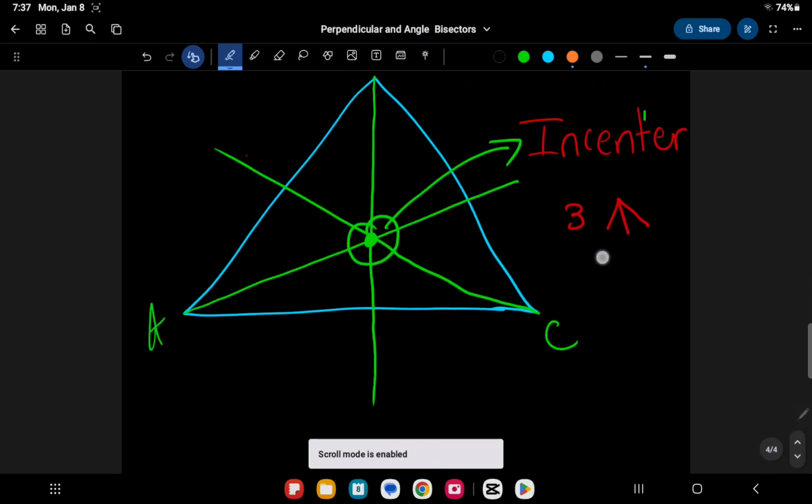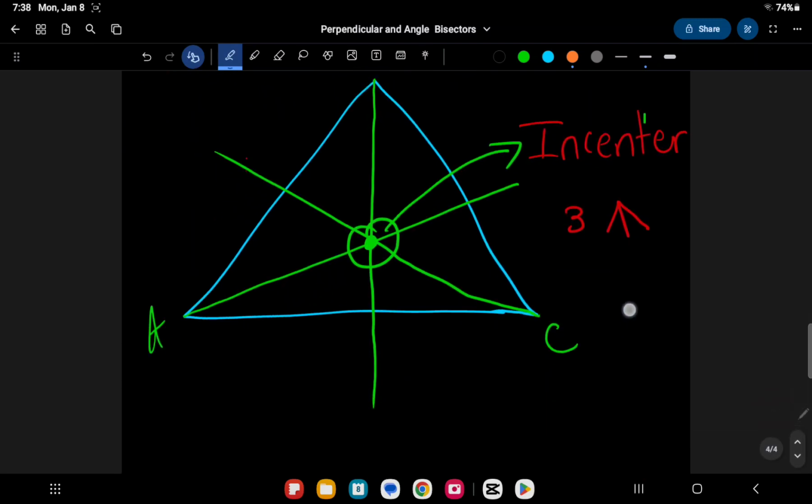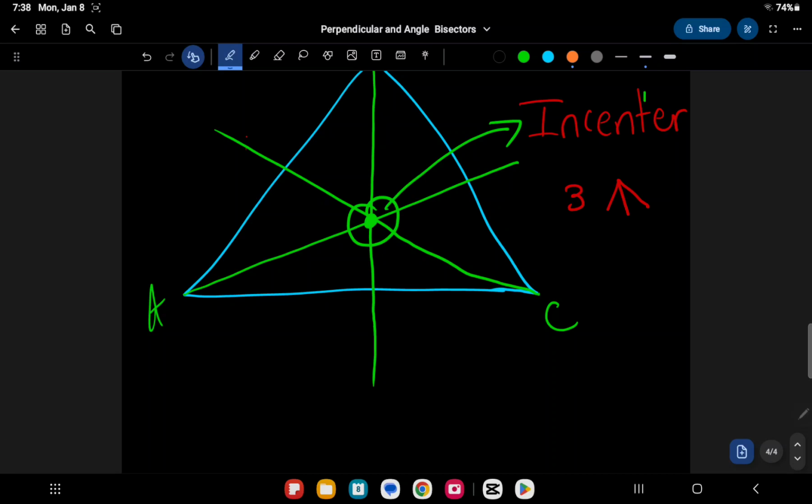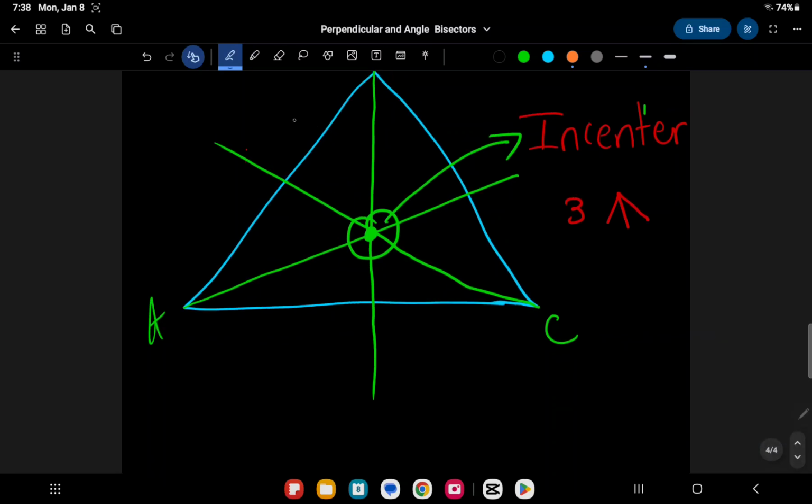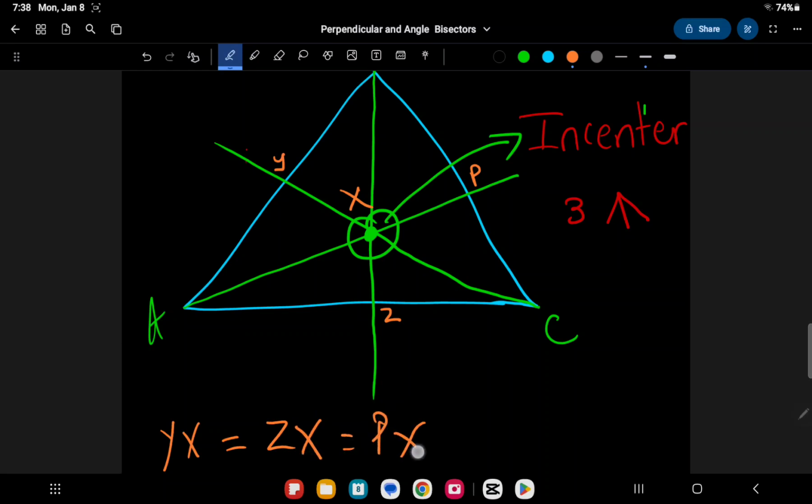But when it comes to your incenter, I'm going to label X again, but I'm going to introduce Y, P, Z. So for your incenter, YX is equal to CX is equal to PX. Okay, so review this and we will do some more.